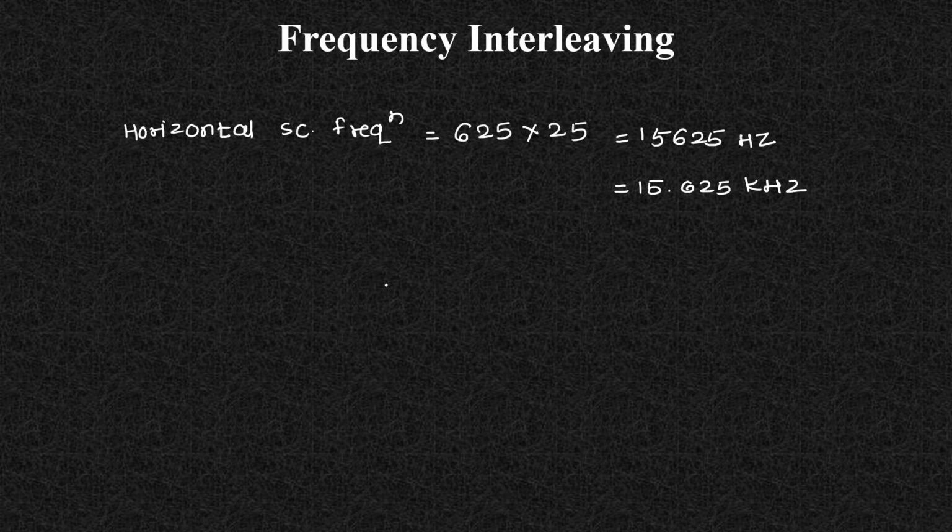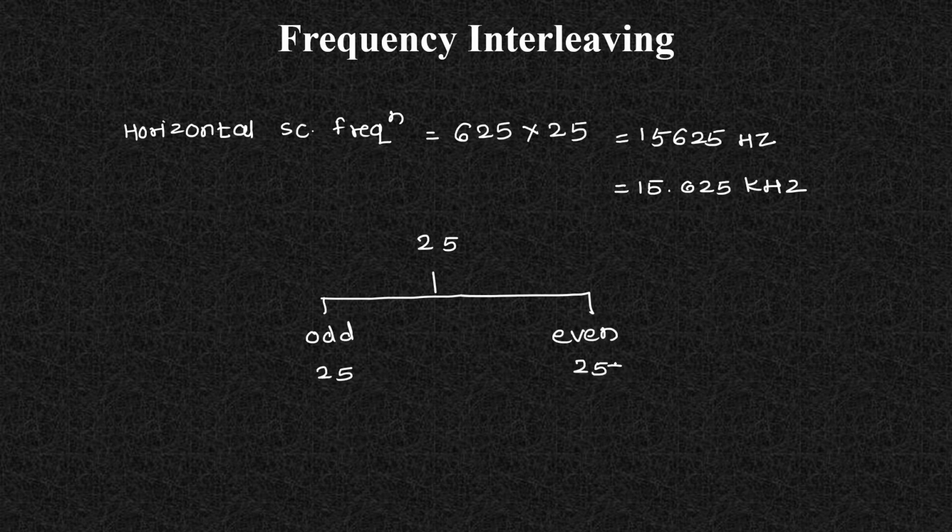Now, as we are not going for progressive scanning, these 25 frames are divided into two fields. One field is the odd field and the other is the even field, so you have 25 odd fields and 25 even fields. Total fields in 1 second will be 50, and that's why our field frequency, or vertical scanning frequency, is 50 hertz.